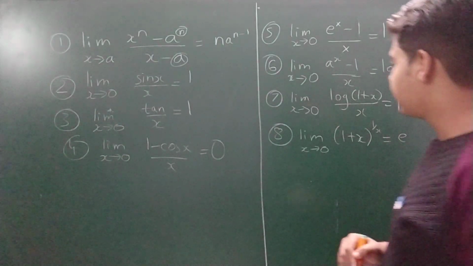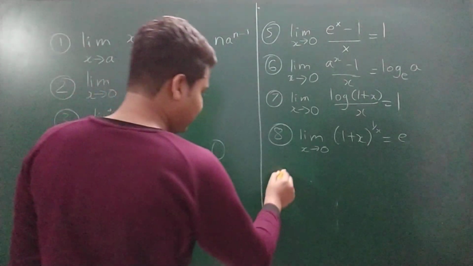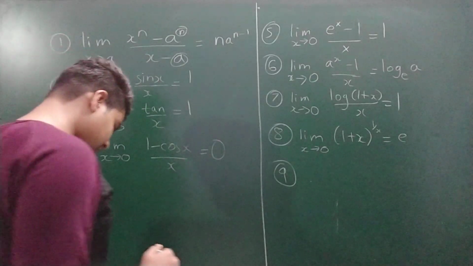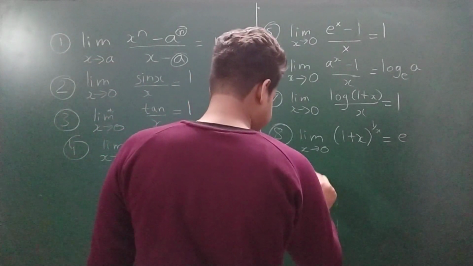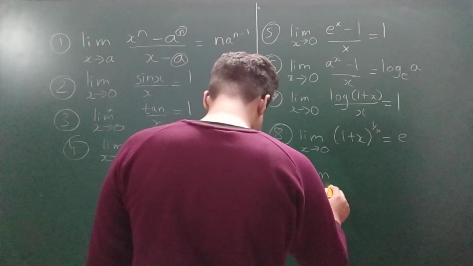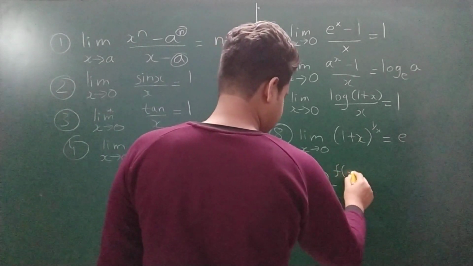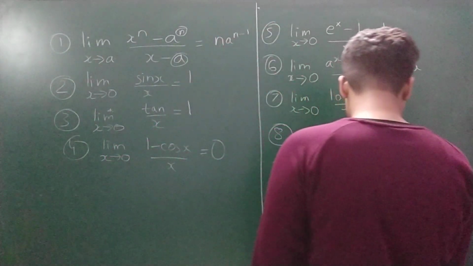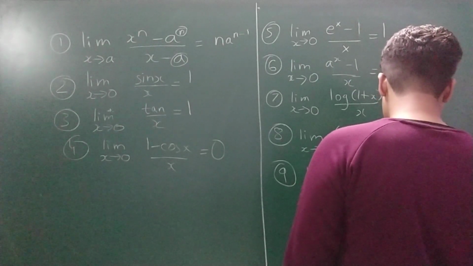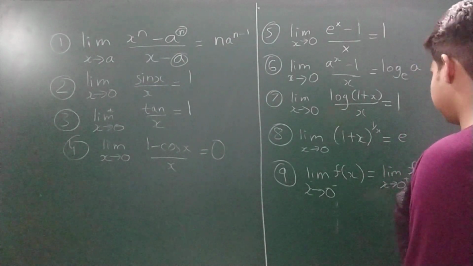And finally, last but not the least, the ninth formula, or you can say the ninth expression, is limit x tends to 0 minus of f(x) equals limit x tends to 0 plus of f(minus x).